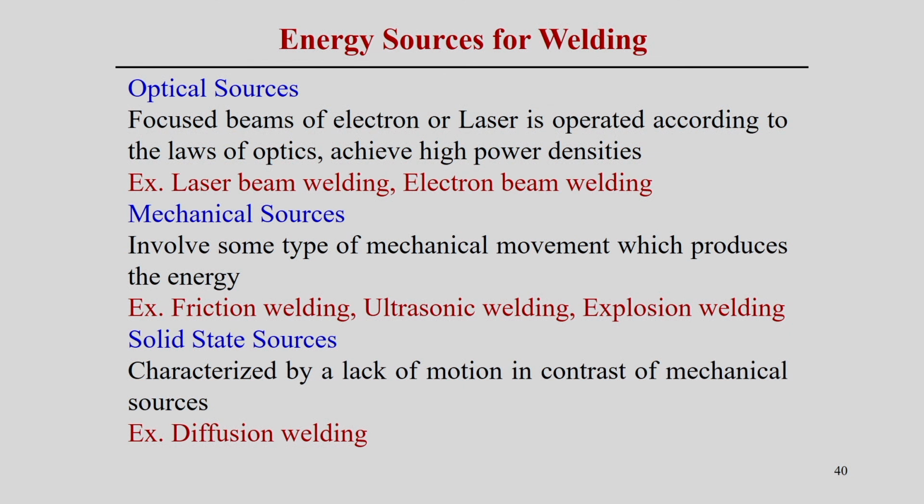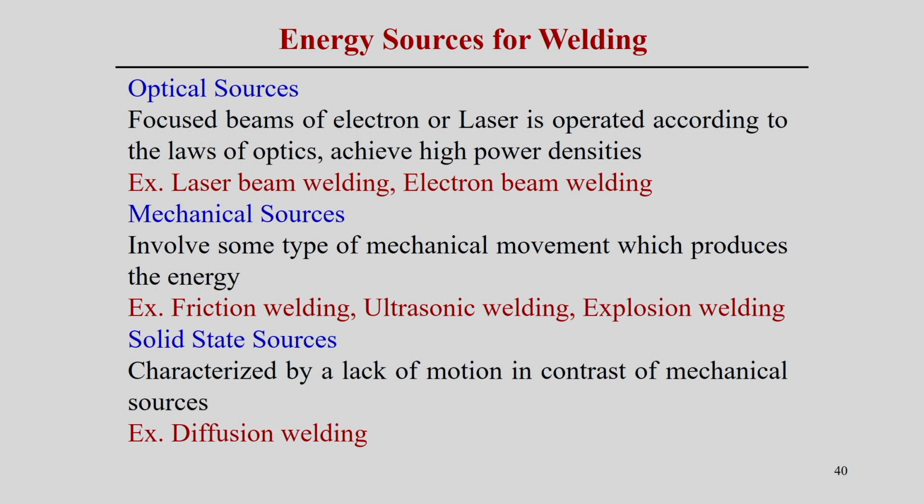in contrast to the mechanical sources, because mechanical sources normally require some movement of the material, but in the case of solid state sources the two components can be joined without movement. One example is the diffusion welding process.